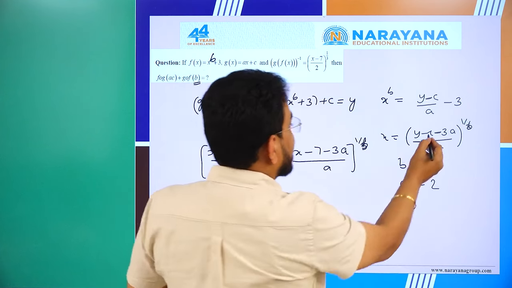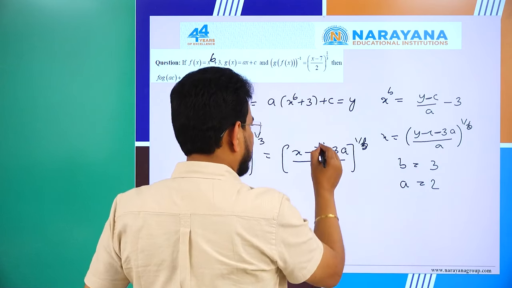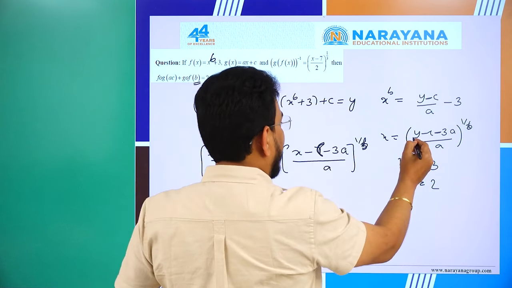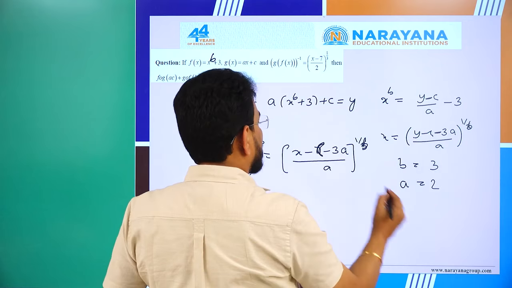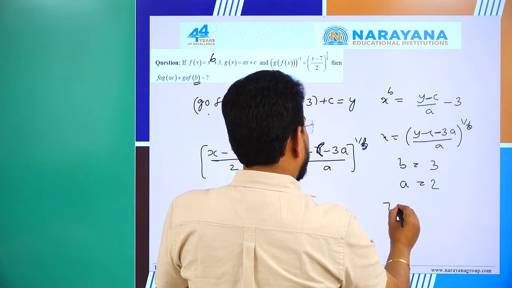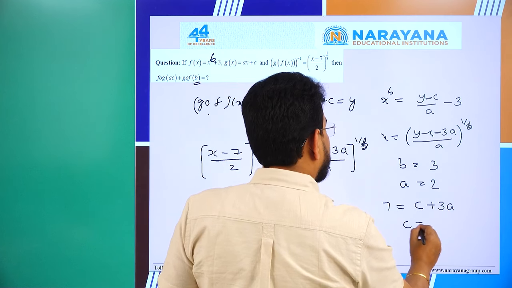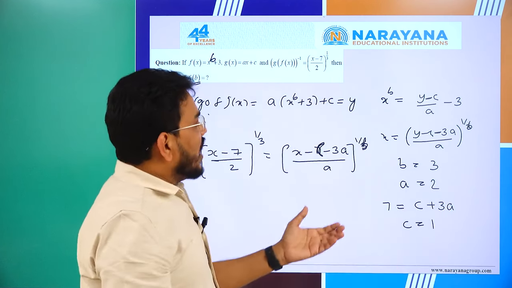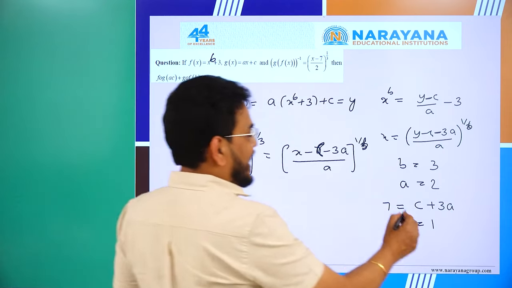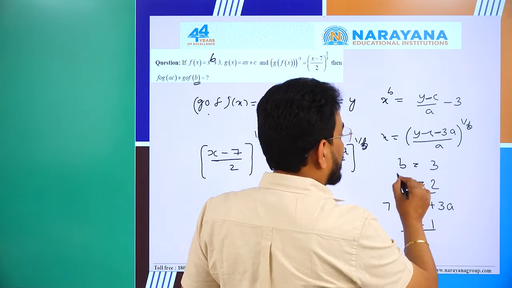Now here this is c. Okay, x minus c minus 3a. So 7 is equal to c plus 3a, so c is equal to 1.